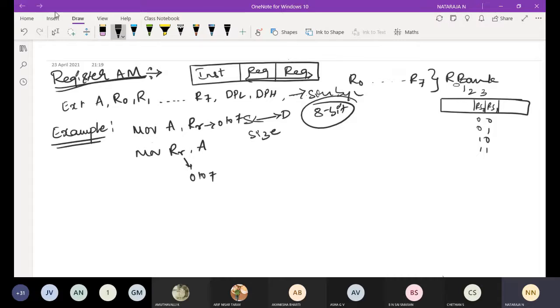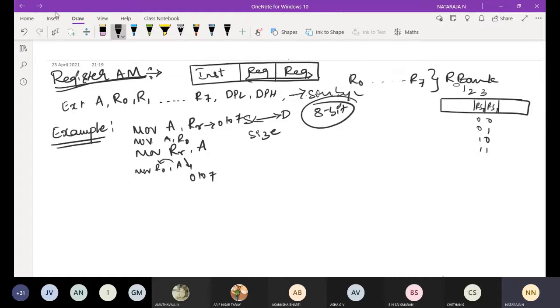We can write this instruction as MOV A, R0 to R7: R0, R1, R2, R3, R4, R5, R6, anything. Next, MOV R0 to R7, A. Whatever data is in the accumulator, we are going to store it in the register, any one of R0 to R7.